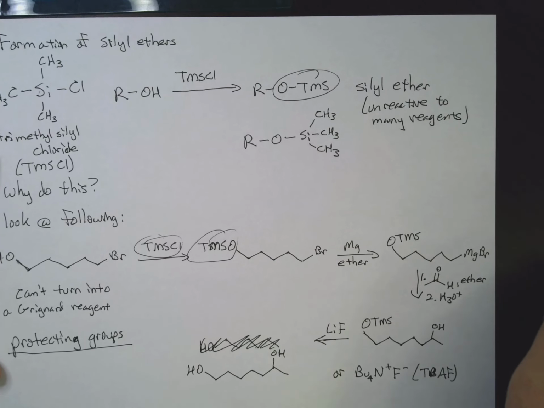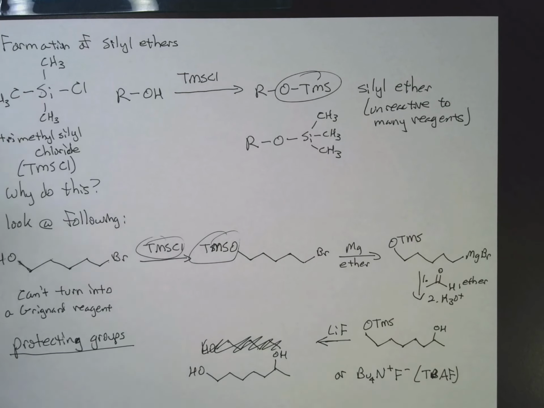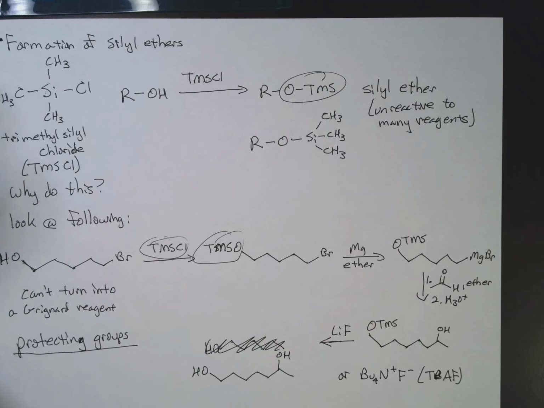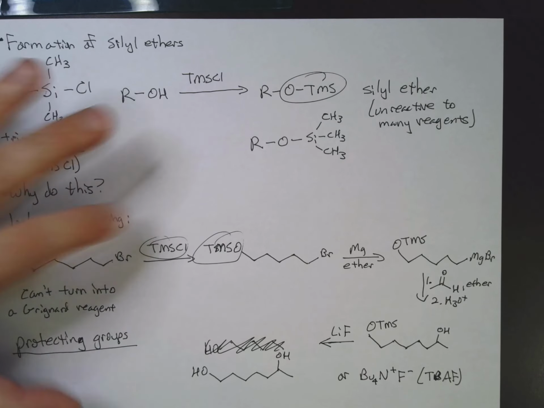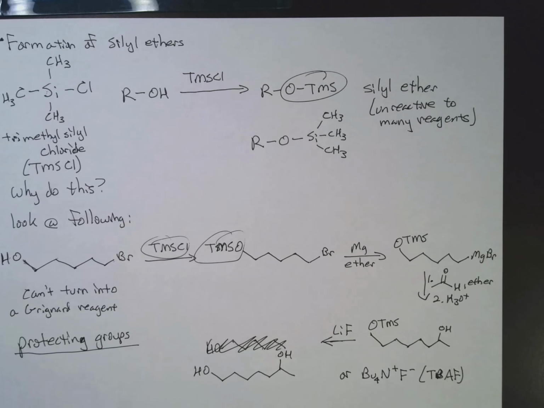And in the meantime, we've seen some oxidations and then some other reactions, and then of course this protection of an alcohol by making the silyl ether. And we'll do more with protecting groups next semester.